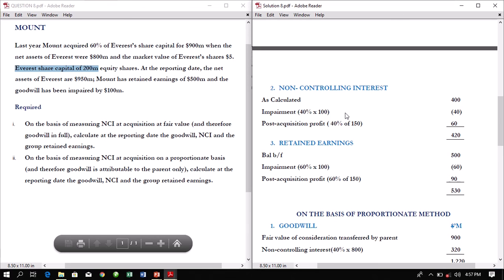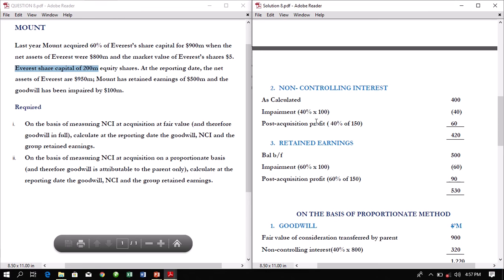So if there is any impairment, the non-controlling interest will also bear the burden of that impairment. Unlike when we are using the proportionate method, whereby any impairment will be suffered by only the parent company. In this case, the non-controlling interest will take 40% of that impairment figure, which is 100, giving me 40.